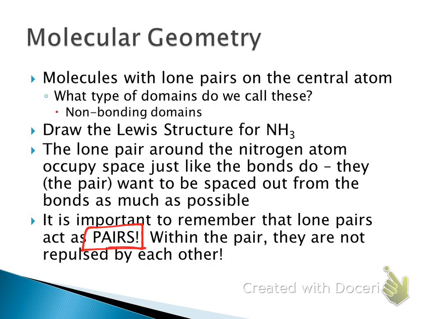Within a lone pair, those 2 electrons are not repulsed by each other. They have what we call opposite spin states. We might be able to remember back a little bit when we talked about quantum numbers and spin states. But those electrons are not repulsed by each other. They are still okay with being together in that orbital, right? They want to stay together within that pair, but then they're repulsed by other pairs. So when we have a lone pair, those 2 still have to stick together, but they want to be spaced out from other lone pairs or other bonds.